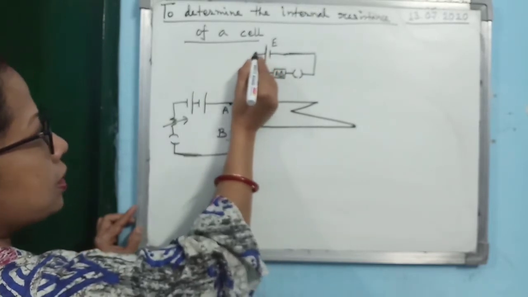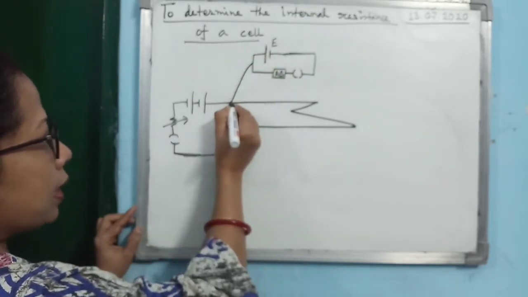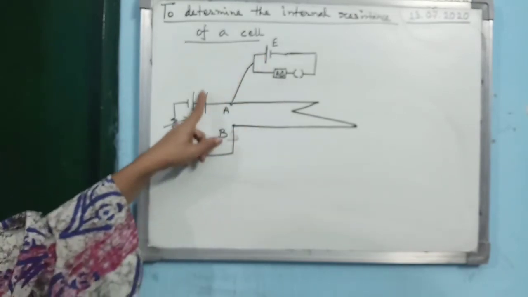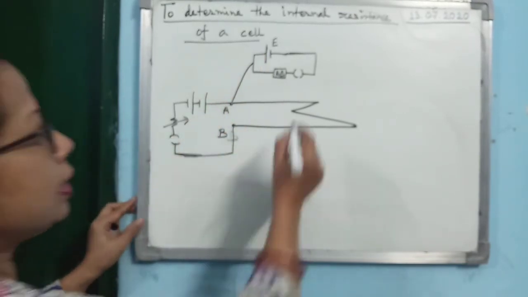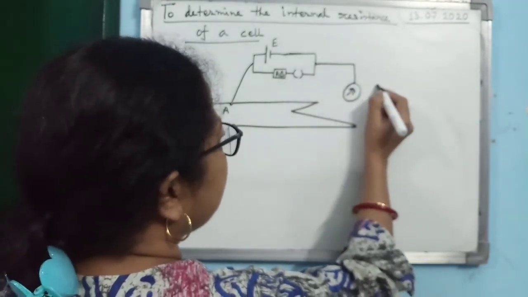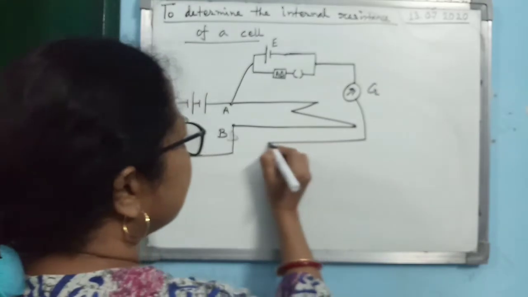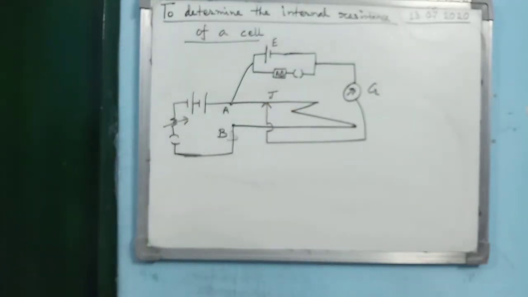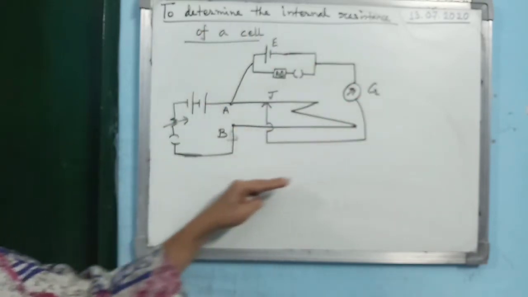Then this is the positive terminal, connected here. So you connect it to A. So you see the positive terminal is connected to the same point. Then from this common terminal you connect it to the galvanometer. Then it is connected to the jockey. Alright. So this is the circuit diagram.